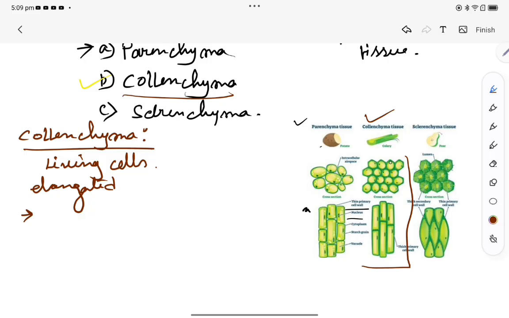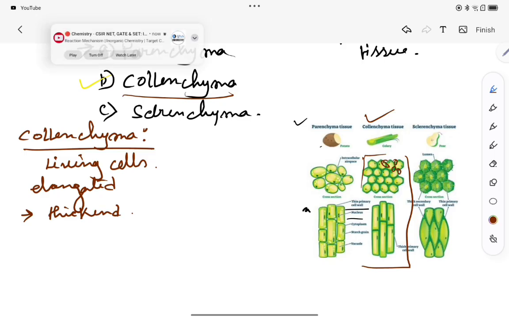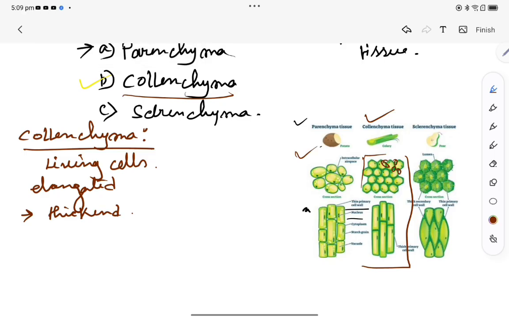The corner portions of the cells are lignified or thickened. Here we can see the diagram of Collenchyma. See the difference between parenchyma and Collenchyma.